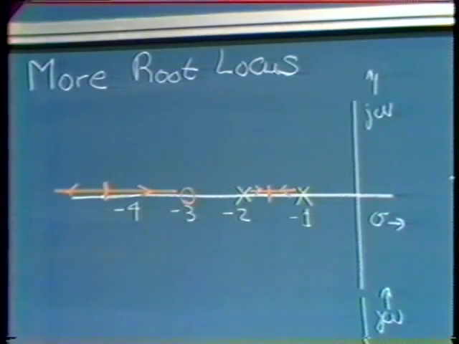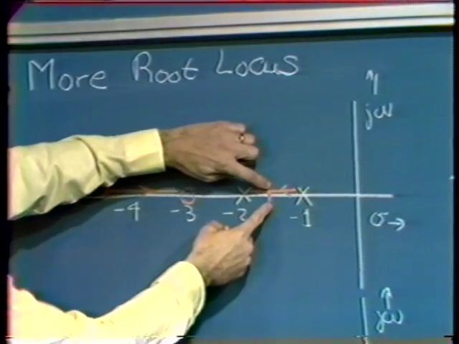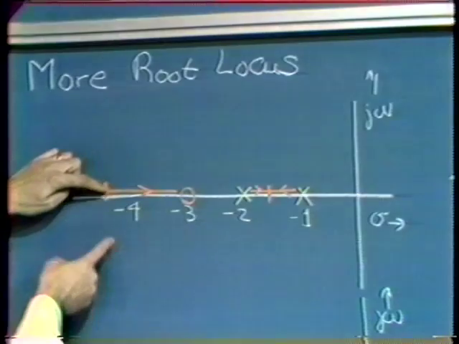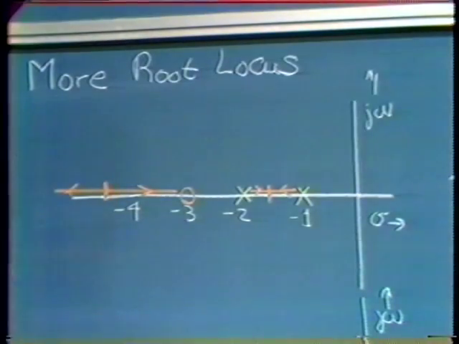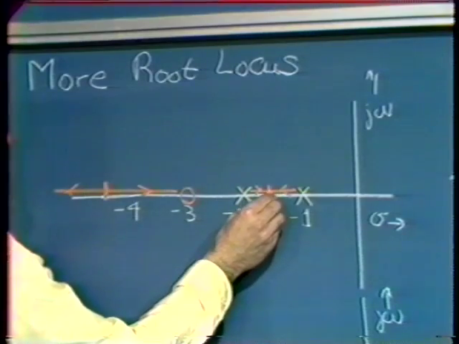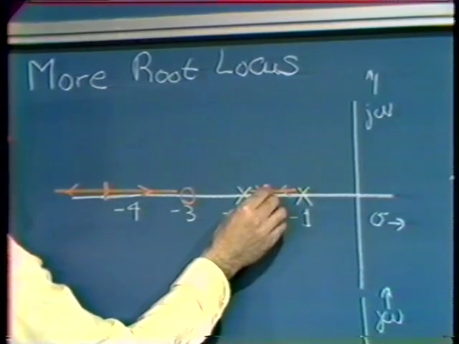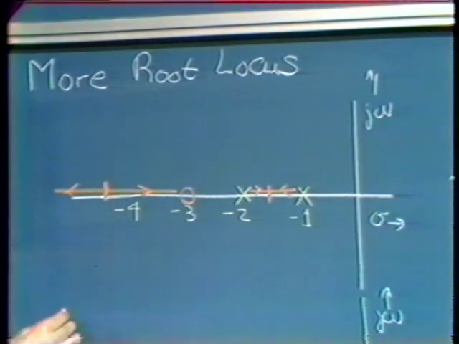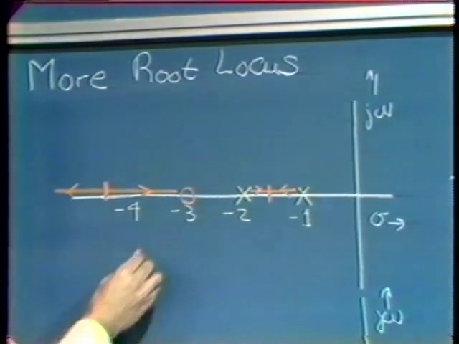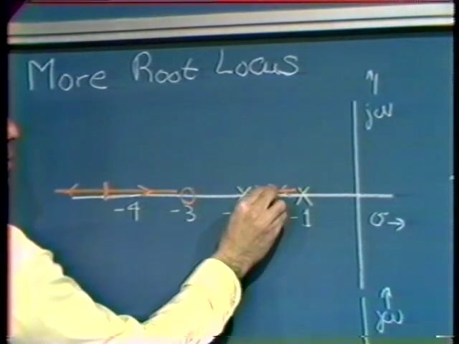The only thing that can happen is for these branches to circle around in the S-plane, eventually reaching this point. If furthermore we keep track of the trigonometry involved, I think there's a proof from high school geometry that basically does this, we find out that what we need for a trajectory in order to keep the angle condition satisfied is in fact a circle that's centered on the zero.